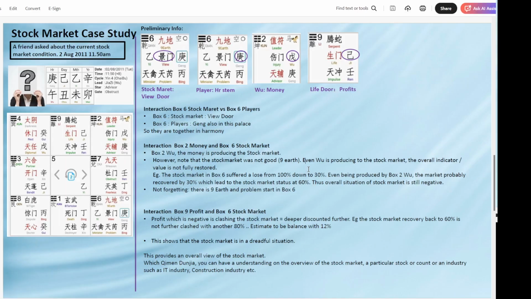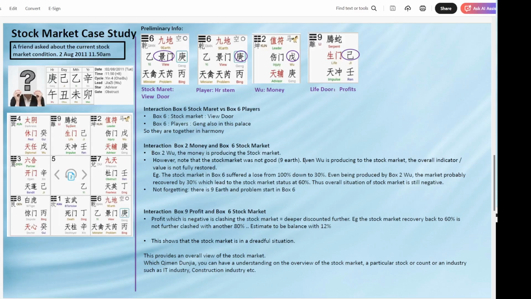All right. The next interaction we want to look at is between the profit and the stock market. Profit is located at box 9, which is the fire element, and it is interacting with the stock market, which is a metal element, fire and metal.